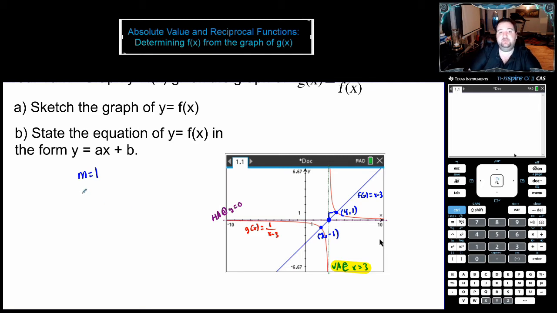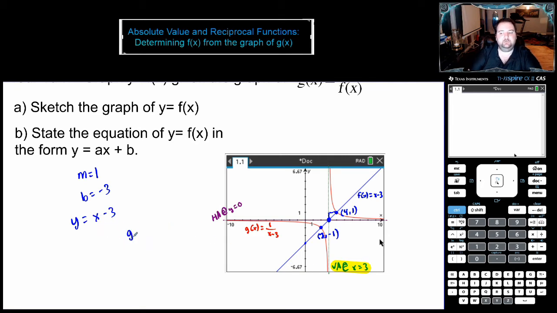And we know that there's an x-intercept of 3. And we can visually see the y-intercept here is -1, -2, -3. And that's really all you need, right? I can create the equation now. It's x minus 3. I could have also used this, right?